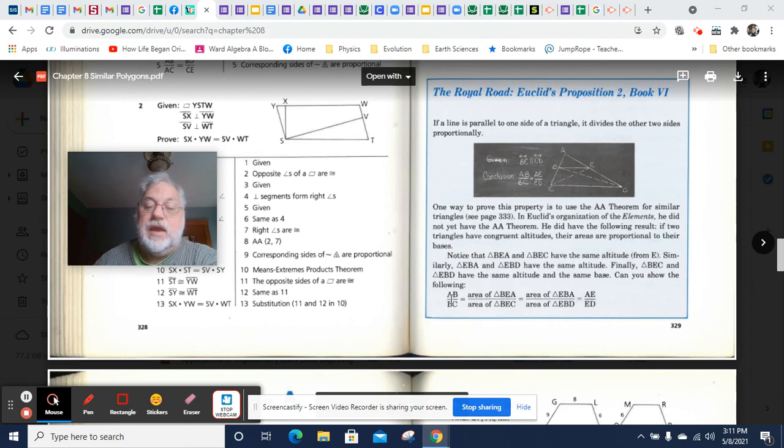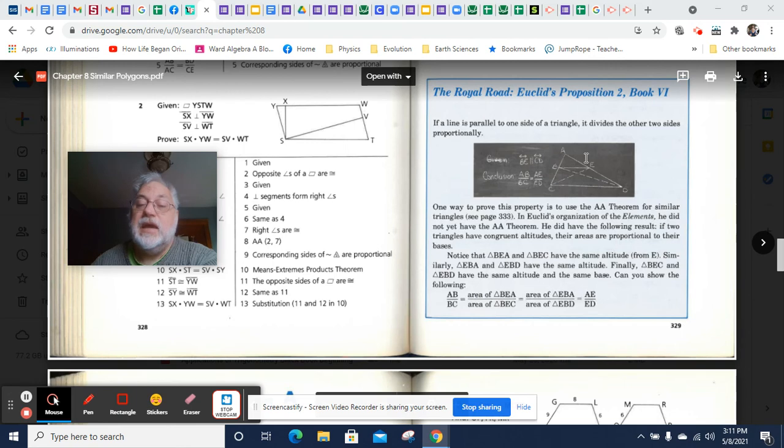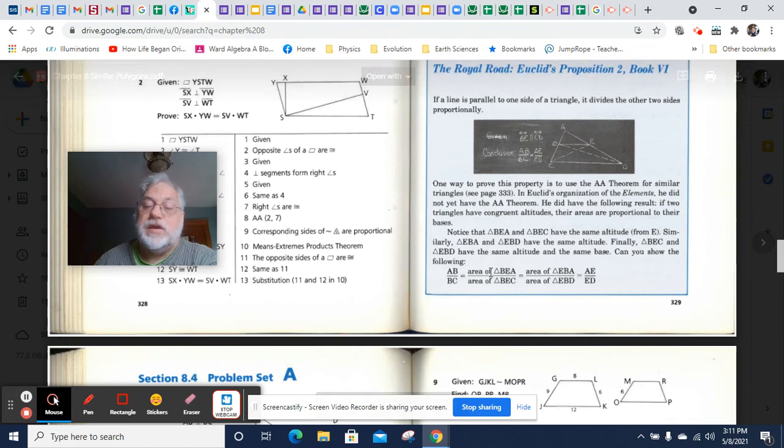AB is to BC as the area of BEA is to BEC, and that's also going to be the area of EBA as is to EBD, as AE is to ED. Okay, and I think that would be worth exploring and seeing if you can prove that.